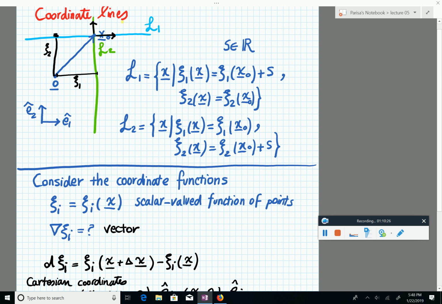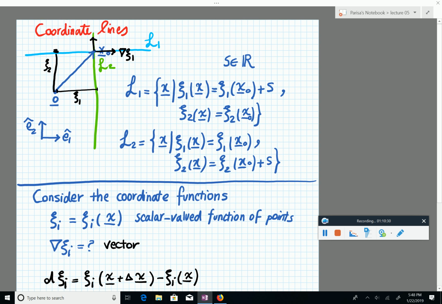But these are at point x0. And it's important, just like you all know that the derivative is tangent to a curve. And if you look at the definition of L1 and L2, you see that this gradient is kind of tangent to the coordinate lines.